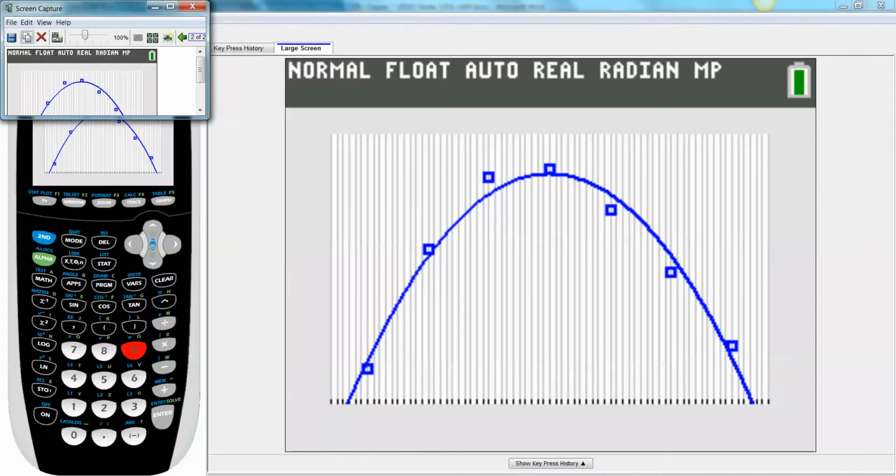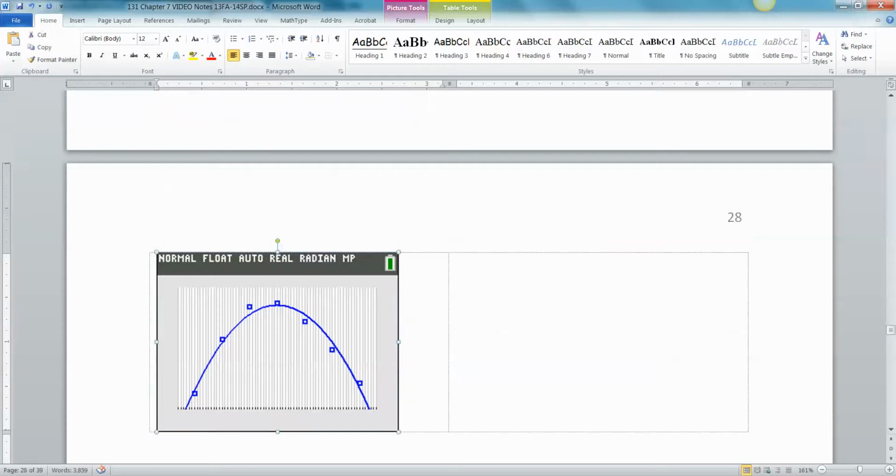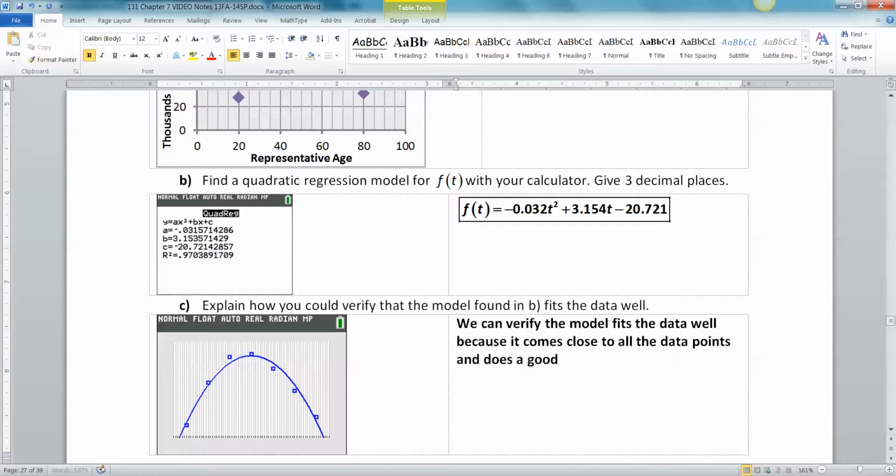So I'm going to draw a picture of it on my paper. Well, I'm just going to copy and paste. You're going to draw a picture. So you draw a quick sketch and say, we can verify the model fits the data because it comes close to all the data points and does a good job of fitting these points, right?